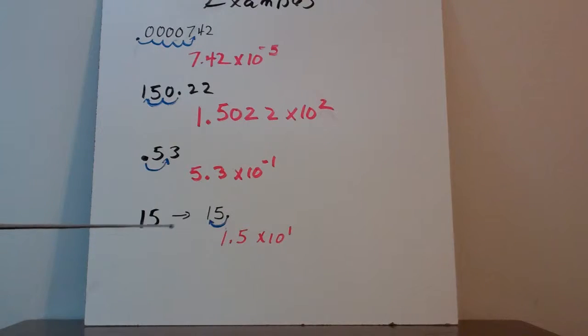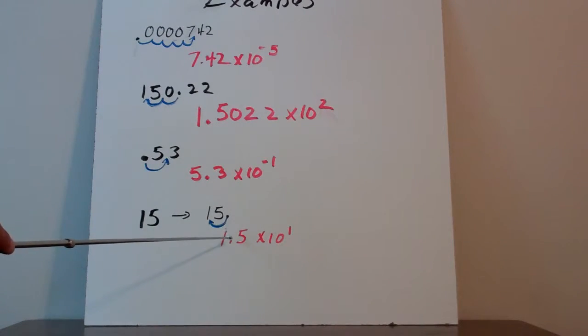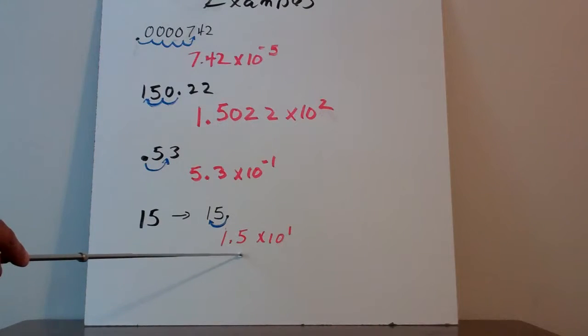And then if we have the number 15, our decimal point in 15 is after the 5, and we want it to end up in between the 1 and the 5. So we move it 1 time, end up with 1.5, again, times 10 to the first. Because if we take this decimal point and move it over 1 place to the right, we'd end up with 15.